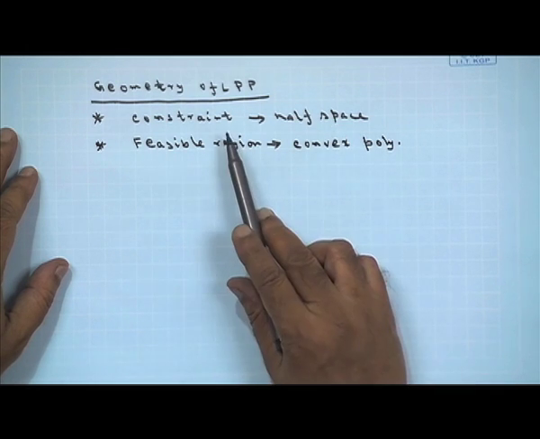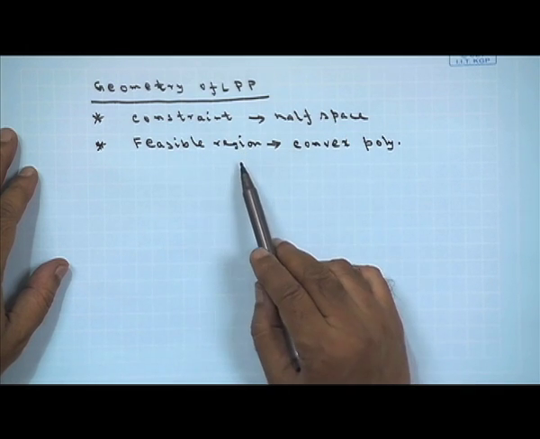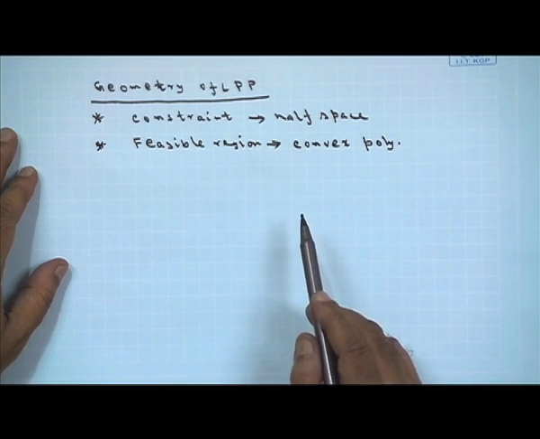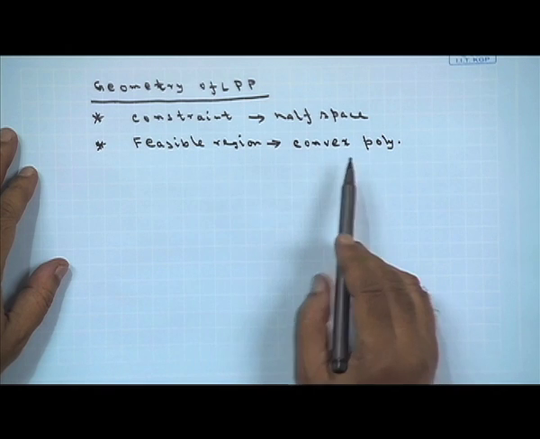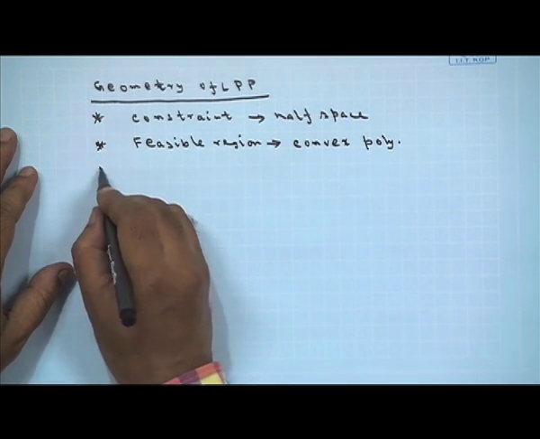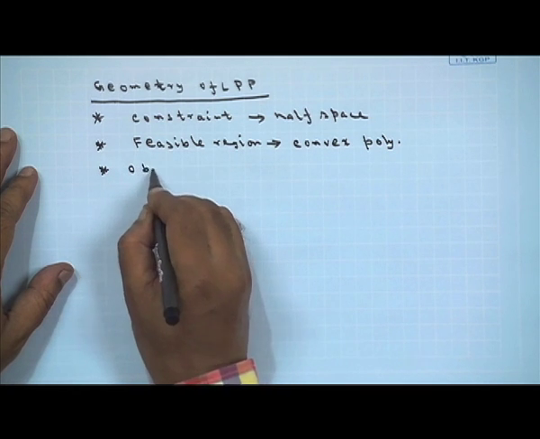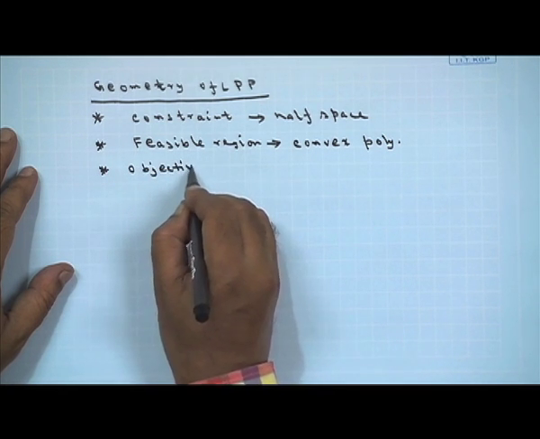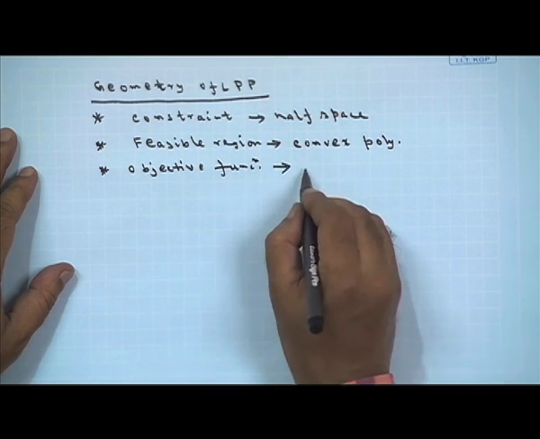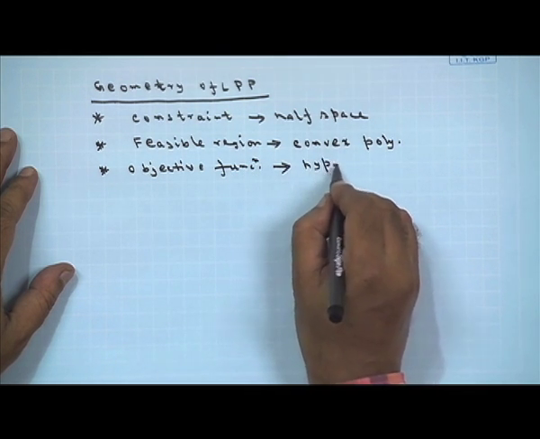Your half spaces are nothing but the constraints. Feasible region is the region which is bounded by these constraints, and this feasible region is nothing but a convex polyhedron. And the last one is you have the objective function. Your objective function is nothing but a hyperplane.